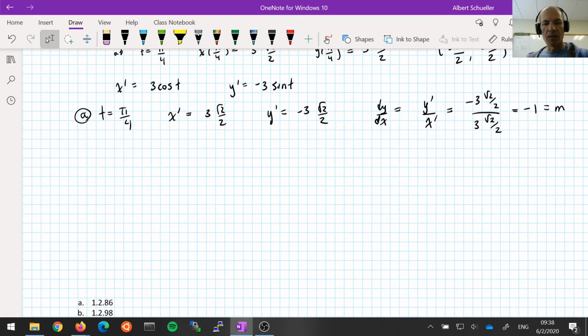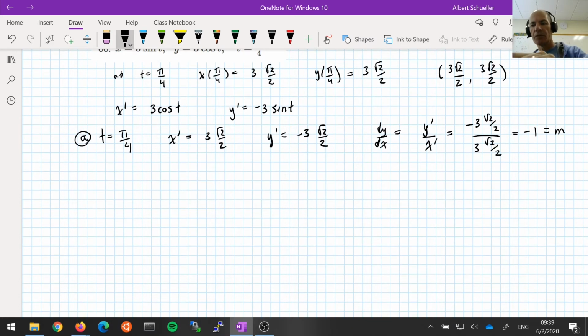Let's find the y equals mx plus b form of this. So we know that it passes through the point 3 root 2 over 2 comma 3 root 2 over 2. So the point slope form of this line: y minus 3 root 2 over 2 equals the slope negative 1 times x minus 3 root 2 over 2.